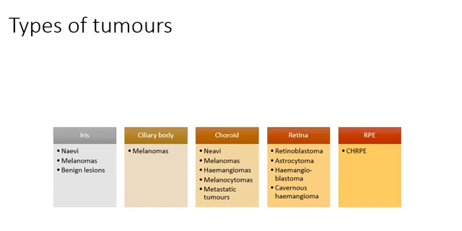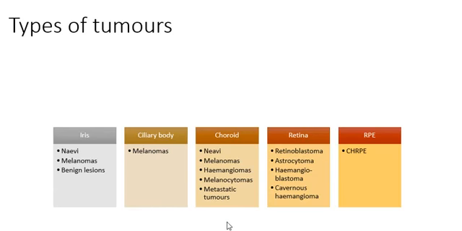Okay, so we're coming to the end of this presentation on tumours, and let's just go back and have a look at them again. Tumours can occur in the iris, ciliary body, the choroid, the retina, and the retinal pigment epithelium. Of all these tumours, it's a good idea for you to have a good understanding of the differential diagnosis, particularly between iris nevus and iris melanomas and ciliary body melanomas.